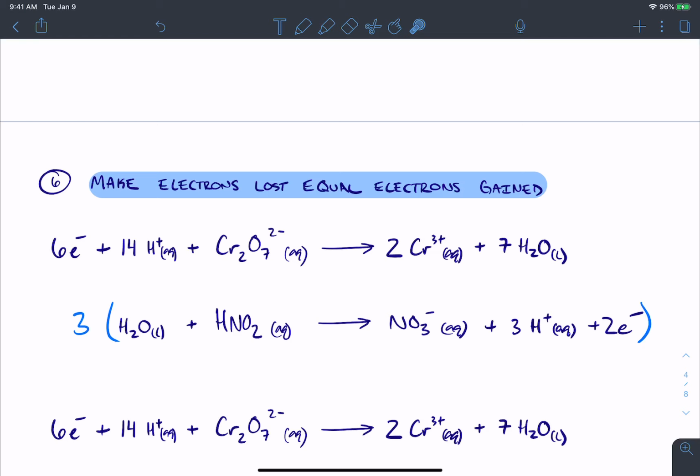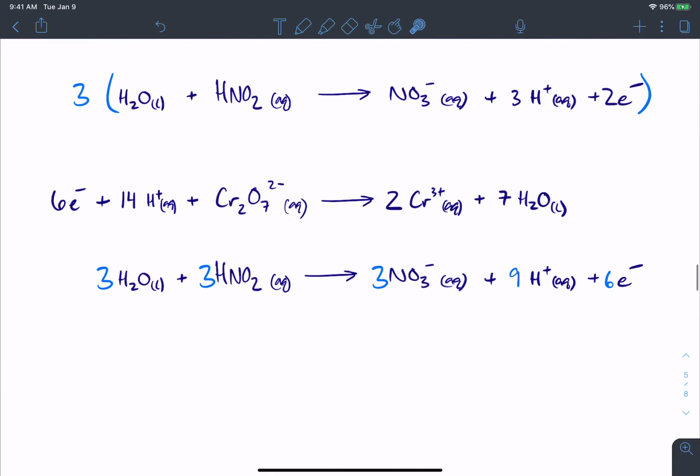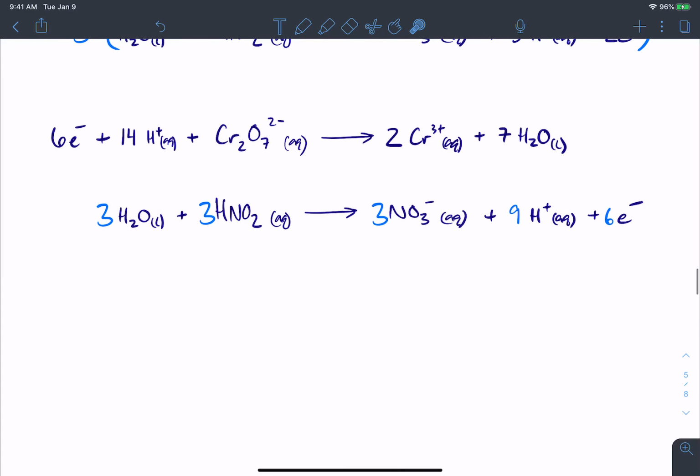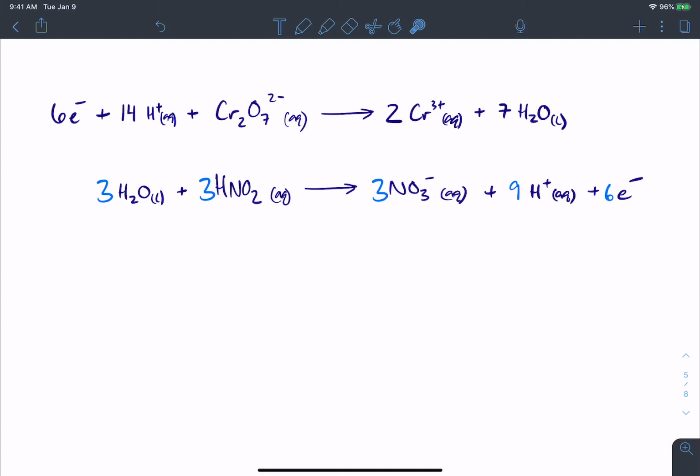So I'm going to take the second half reaction, the nitrogen half reaction, and multiply through by 3, and that will give me the 6 electrons that I need. So I'll rewrite this, and notice once I distribute that 3 all the way through, I have the 6 electrons on the product side and the 6 electrons on the reactant side.